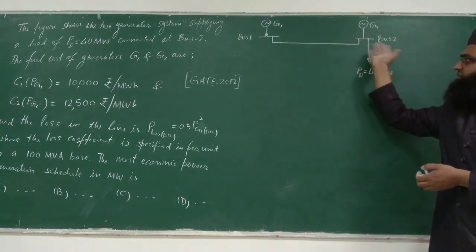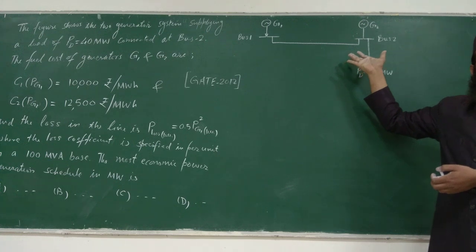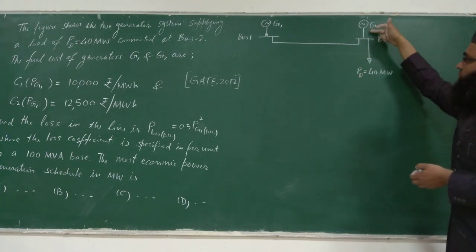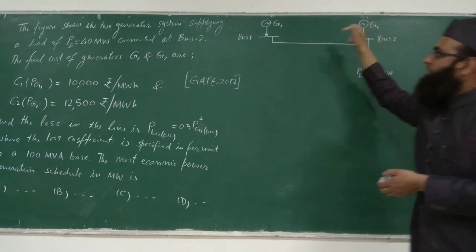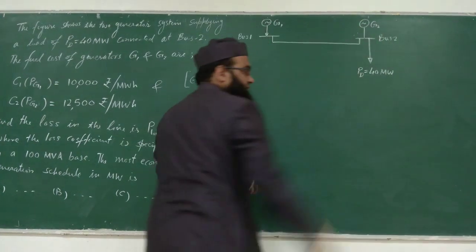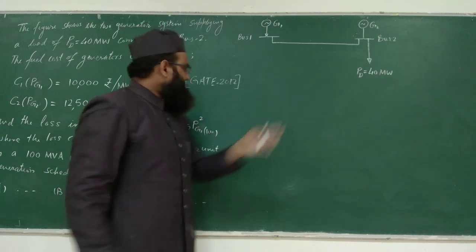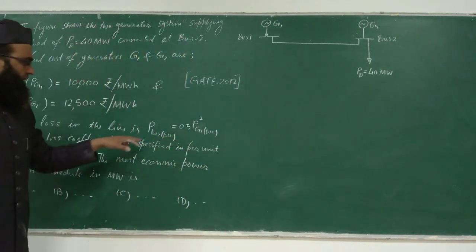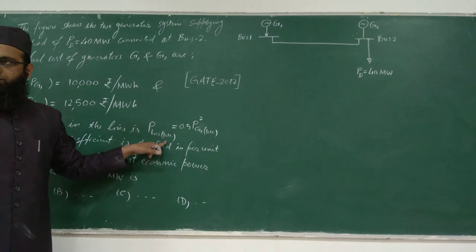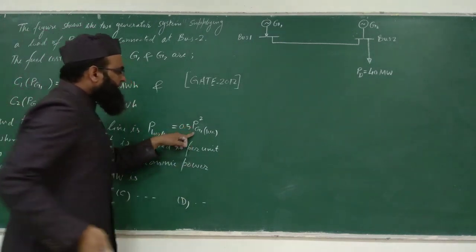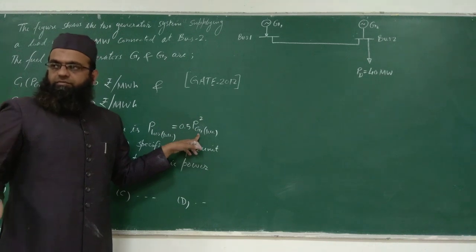And this is just a two plant system. You are directly feeding this load from G2, and G1 through this line, so losses will be mainly because of this transmission. P loss in per unit is equal to 0.5 times Pg1 square per unit values.